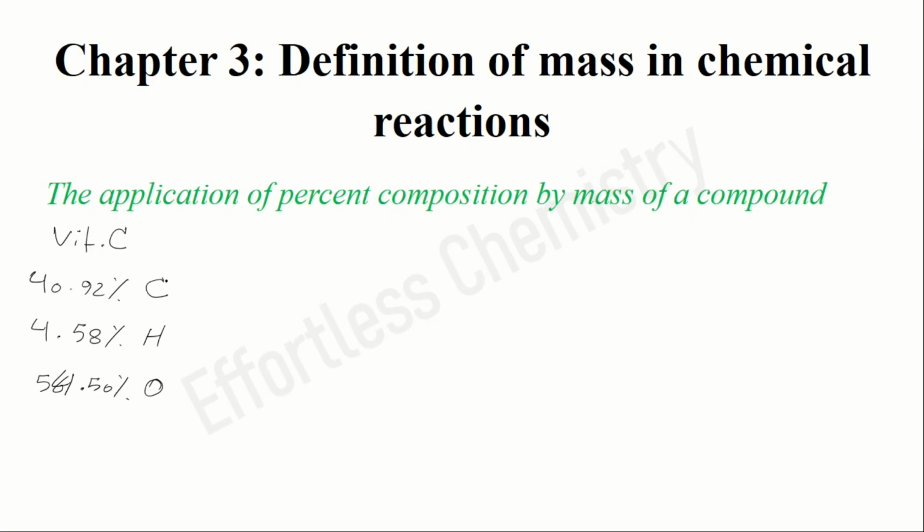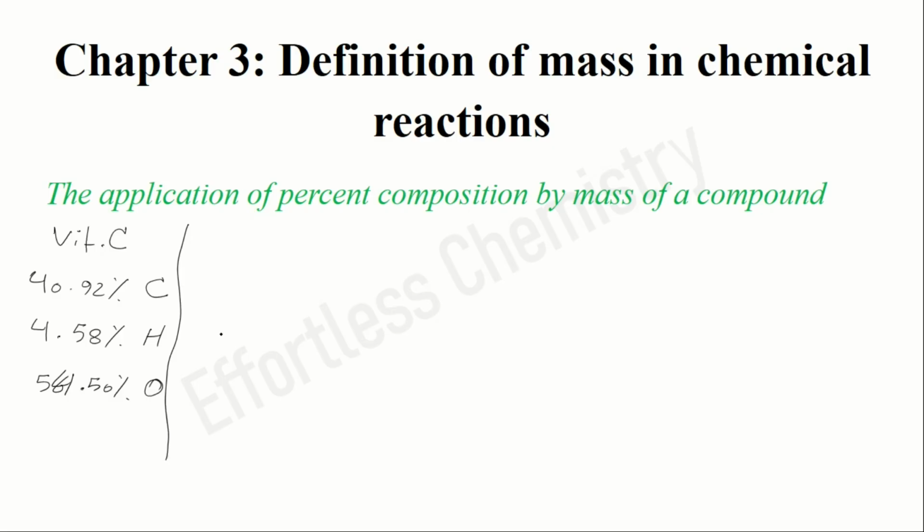So now first we converted each percentage to grams. Then we need to convert the grams of each element to moles. So let's consider n represents the number of moles of each element.